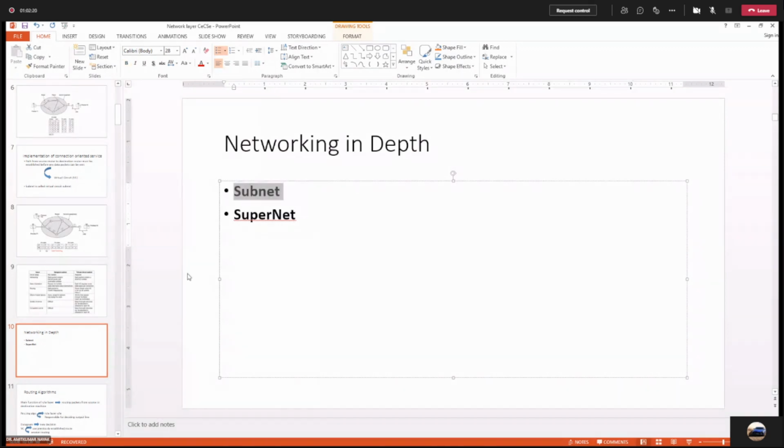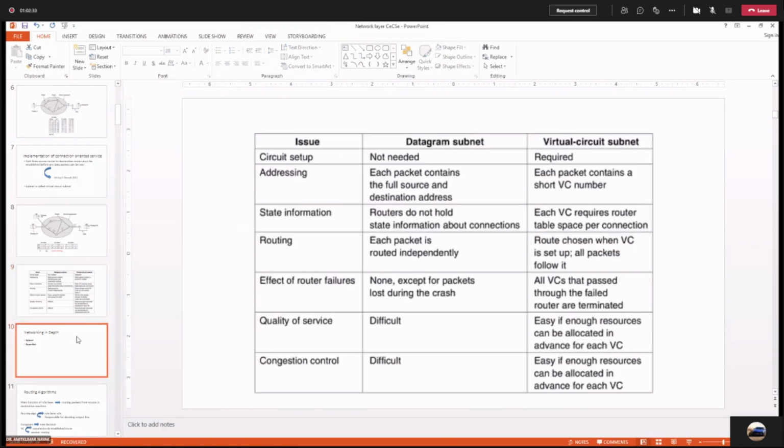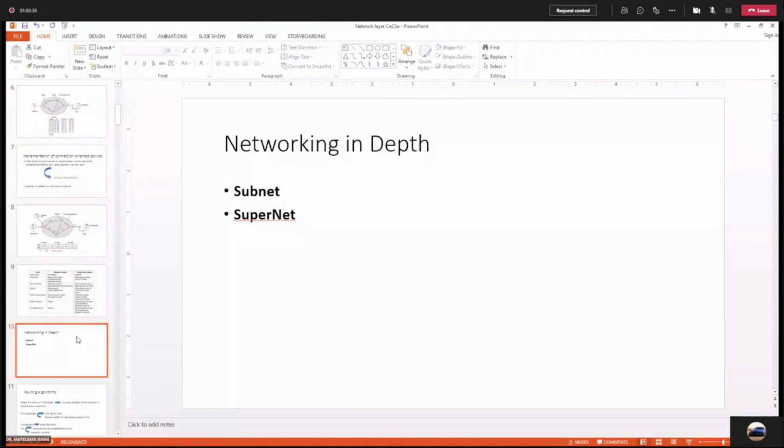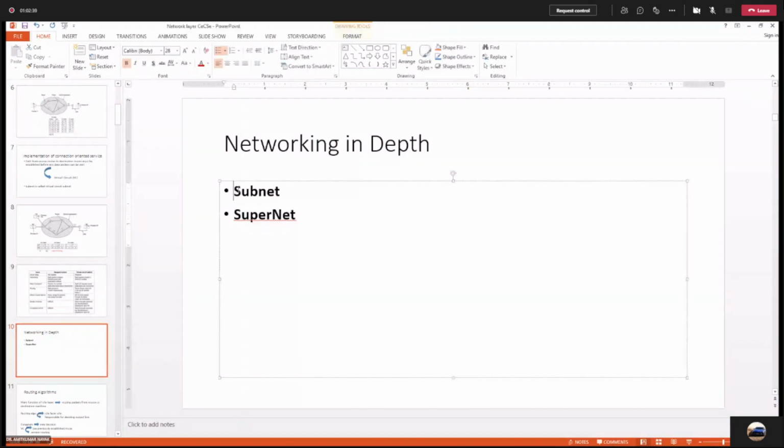In the majority of networks you will find subnetting implemented, but in very few cases you will find supernetting. So you should know when a network administrator will go with the subnetting approach and when with the supernetting approach. These two important parameters will be discussed in the next session.